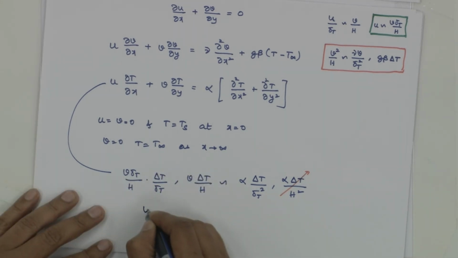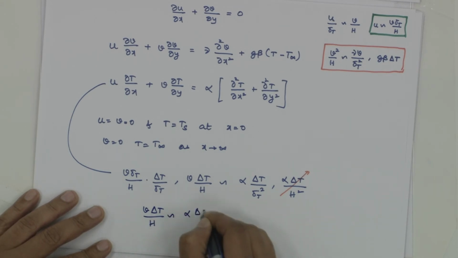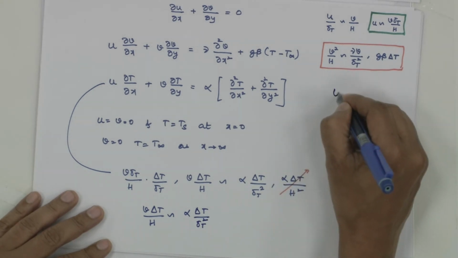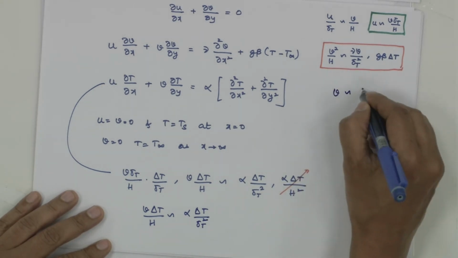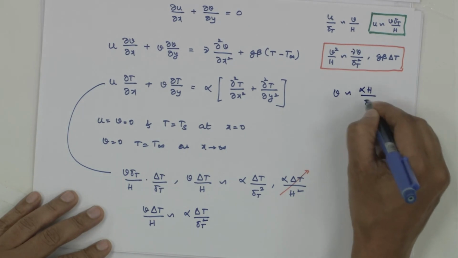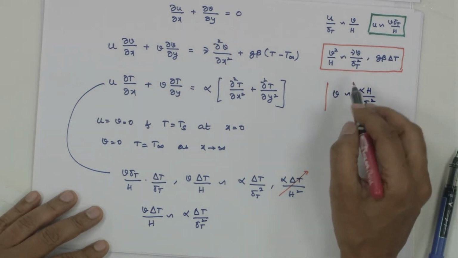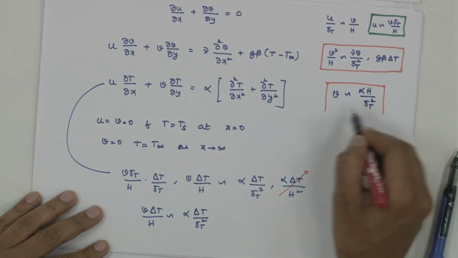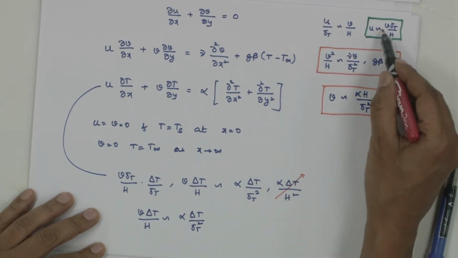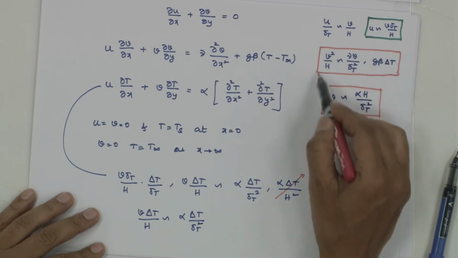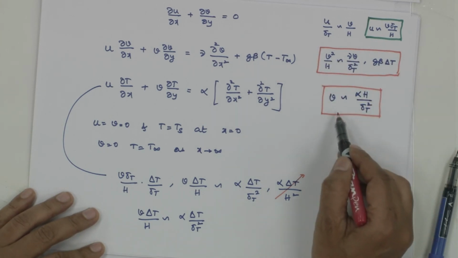So you get v delta T by h is of the order of alpha delta T by delta t squared. So v is of the order of alpha h by delta t squared. These are the three scales you are going to get: u, the x momentum equation, and the scale of v.